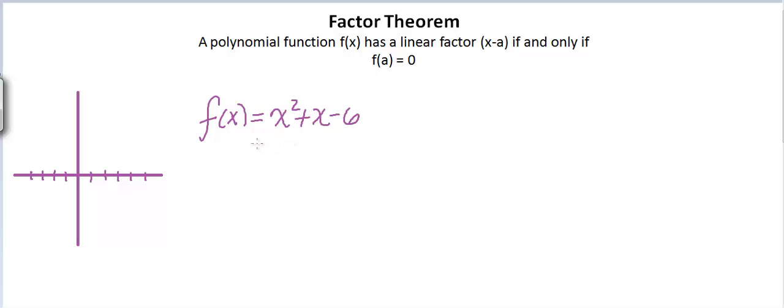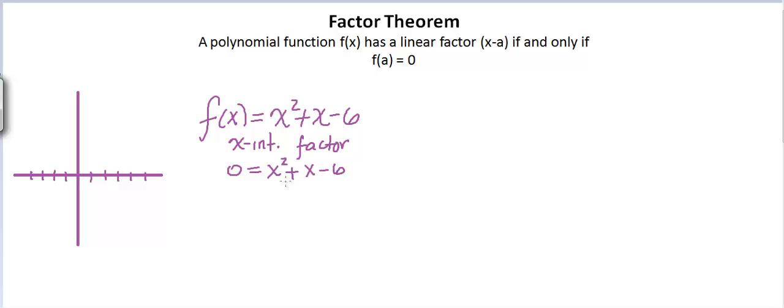We're going to remember when we looked for the x-intercepts. If I wanted to look for the x-intercepts in this function, what we did was we had to factor, right? Because x-intercepts I could find when y was equal to 0. So I would write that 0 is equal to x squared plus x minus 6.